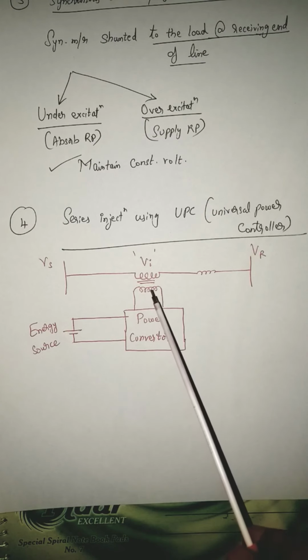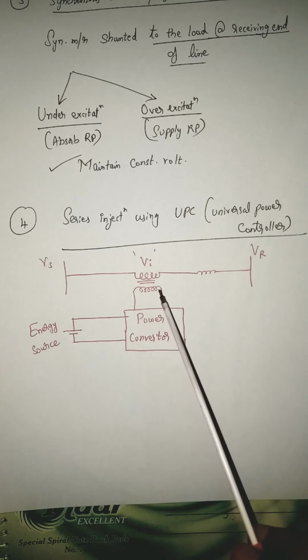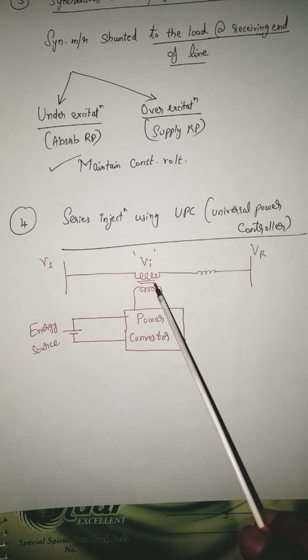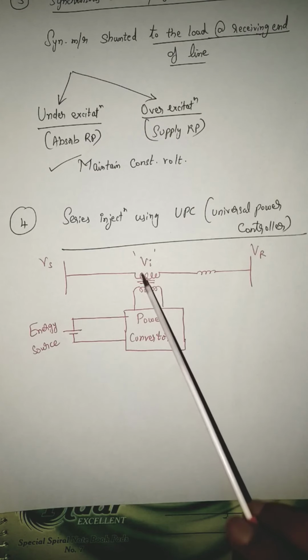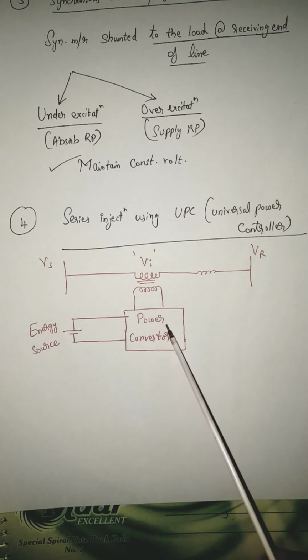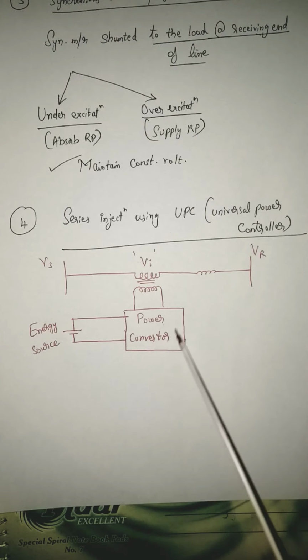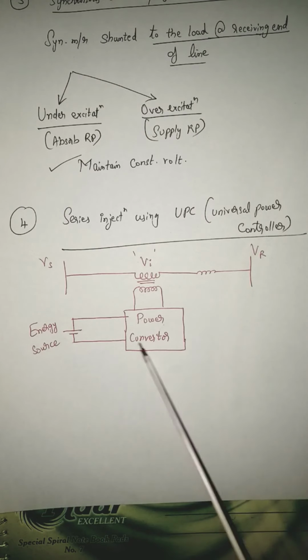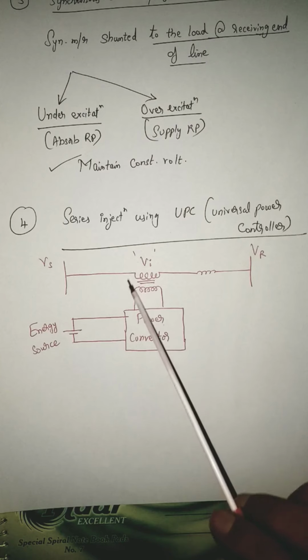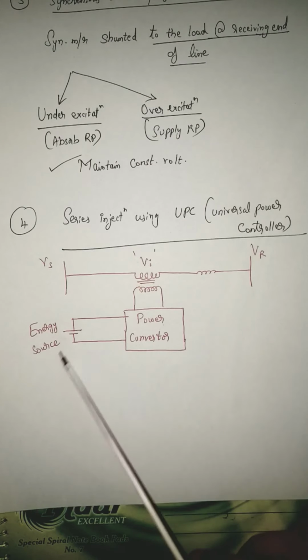So you very well know that the current leading the voltage by 90 degrees is when you are having an ideal capacitor. So once the phase angle between current and voltage is adjusted to 90 degrees by this power converter, automatically this entire section behaves as a virtual capacitor. So since it behaves as a virtual capacitor, you will no more need this energy source.